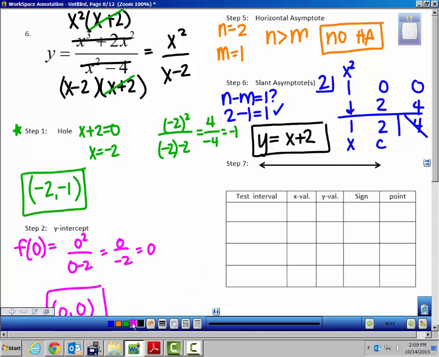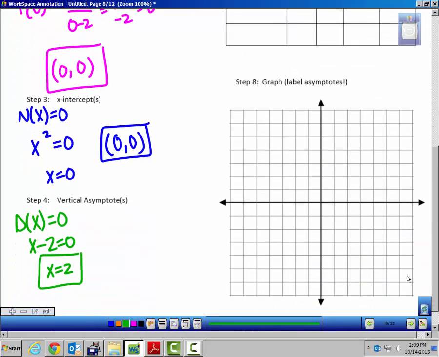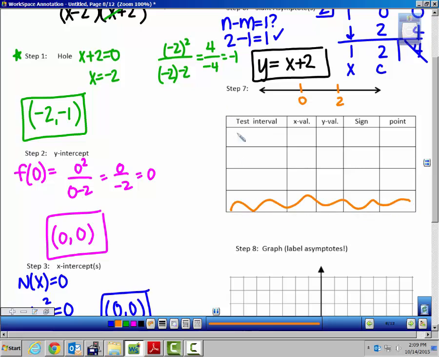So then on your number line to create your test interval chart, you look back at steps 3 and 4. So 0 and 2 go on my number line. So 3 intervals for this one. So we're not going to need this extra piece of the table.